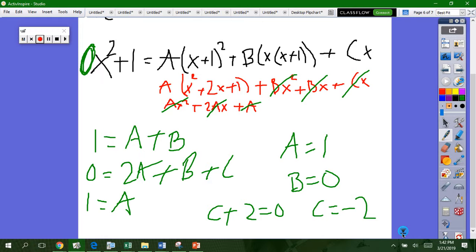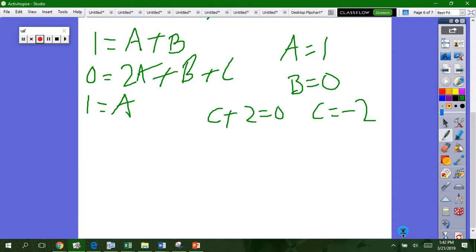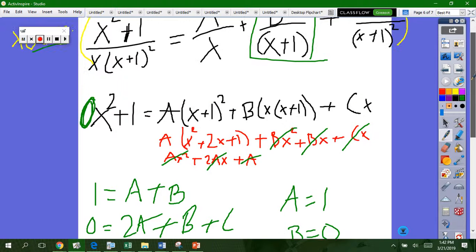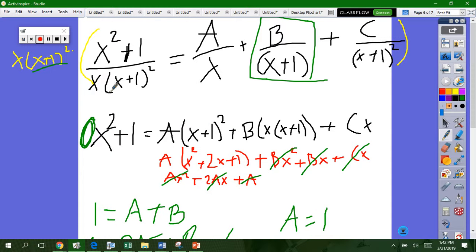X plus 1 squared, because you have to understand I could have both situations. I could have an x plus 1 and an x plus 1 squared. Don't they still get me to that same common denominator over here? Because if I put this x plus 1 here, would that change my common denominator? No, it wouldn't.